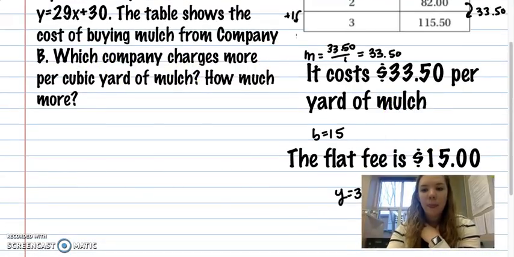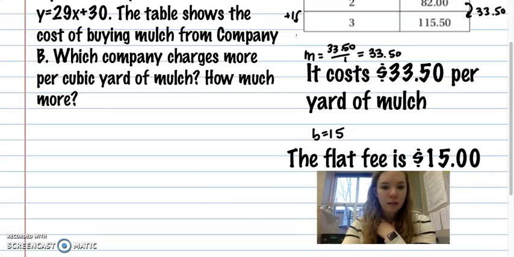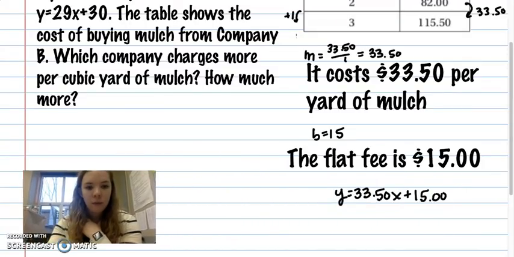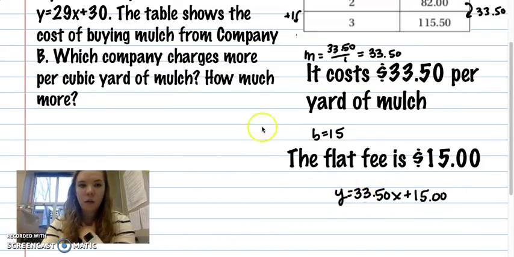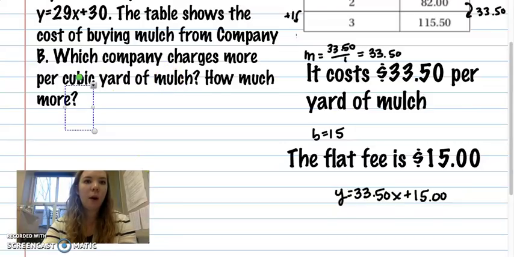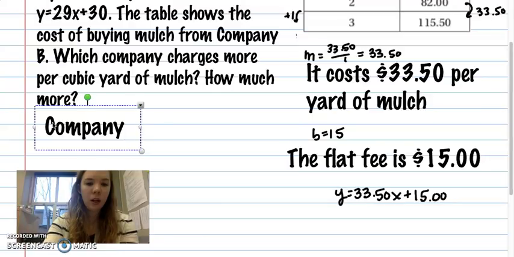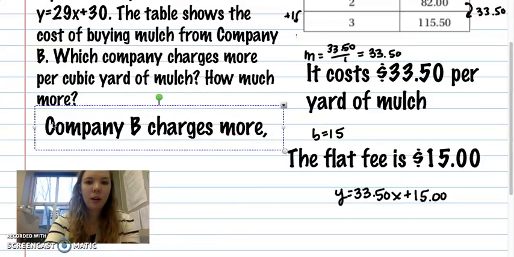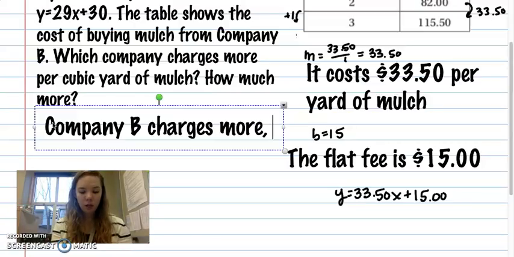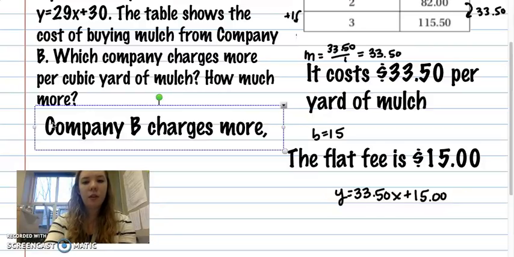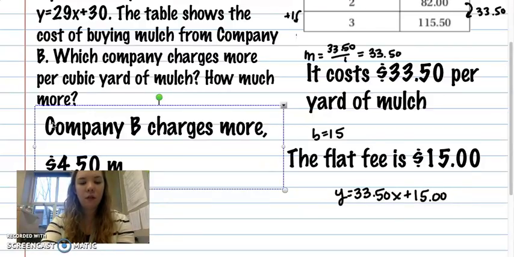We would say that company B does, because company B is $33.50 and company A is $29. So we're going to type that or write that. So company B charges more, and then it says how much more, and we can take $33.50 minus 29, and it's $4.50. $4.50 more.